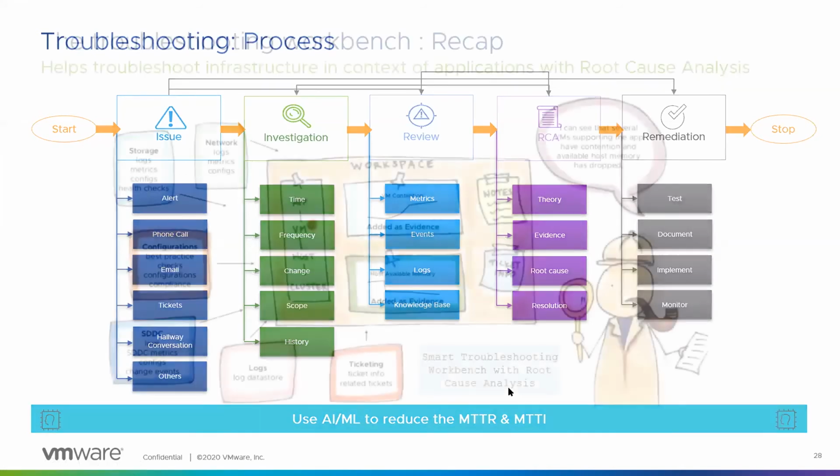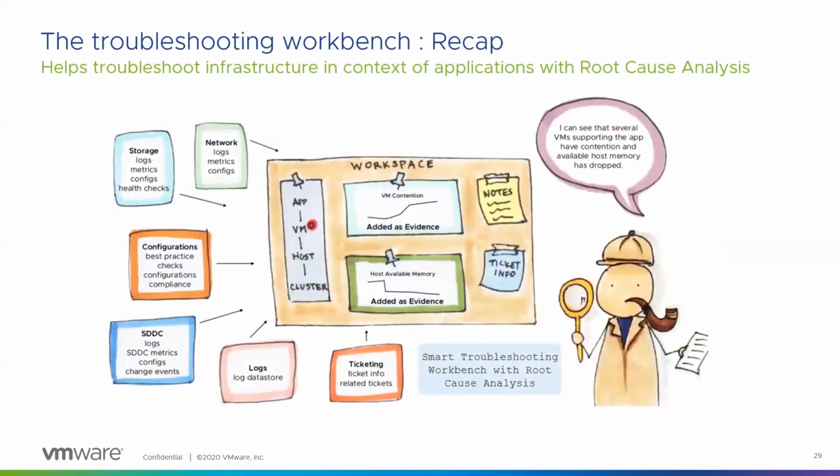So essentially, as a user investigating a problem, you have a workspace with the scope which you're working on, the time which you're working on, and then across your environments any kind of resources, whether it's network, storage, compute, or any kind of telemetry, whether it's metrics, events, logs, and so forth.